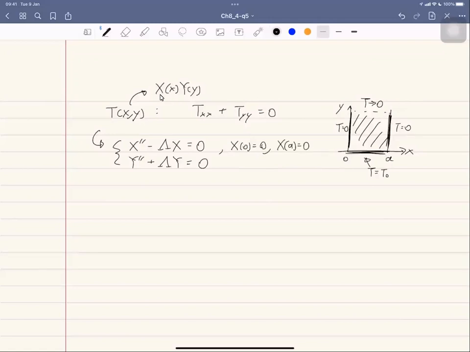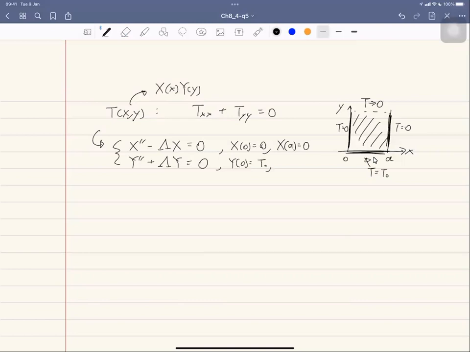That means no matter what y is, the only way to make T 0 is this piece: as long as little x equals a, capital X equals 0, right? Similar thing over here. Whatever x is, as long as y equals 0, I want it to be T naught.